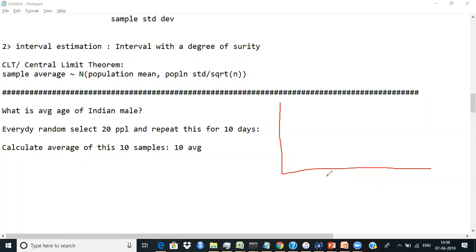In a probability distribution, there is only one thing to remember. On the x-axis will be values of the variable. On the y-axis will be probabilities. So in our case, the variable is average age. So on the x-axis, we have average age. On the y-axis, we have the corresponding probabilities.